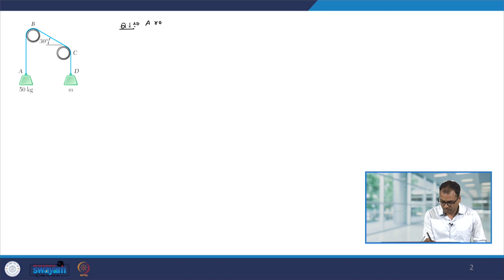A rope ABCD is looped over two pipes as shown.